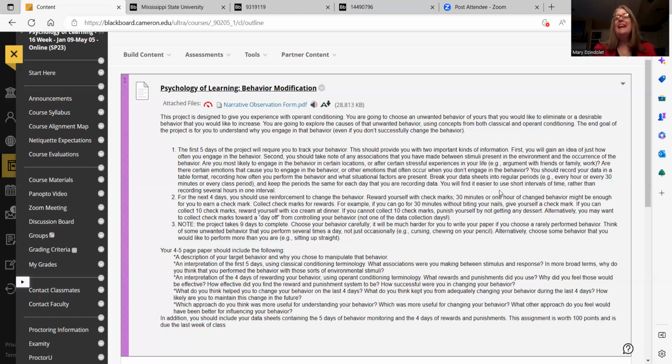So you're going to really analyze why you're doing this behavior and what's keeping it going, why it started and what's keeping it going. And you're then going to think about a behavior modification plan, ways that you're going to use operant conditioning in order to change your behavior.